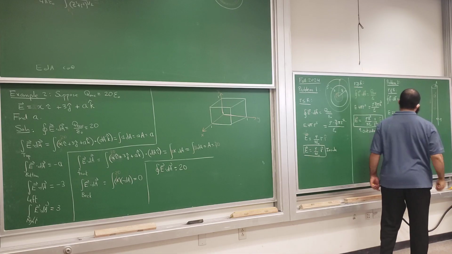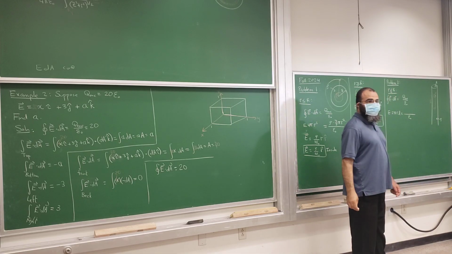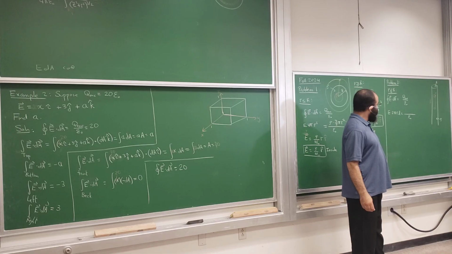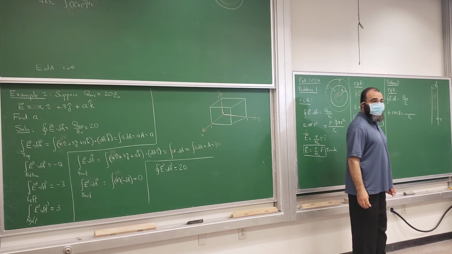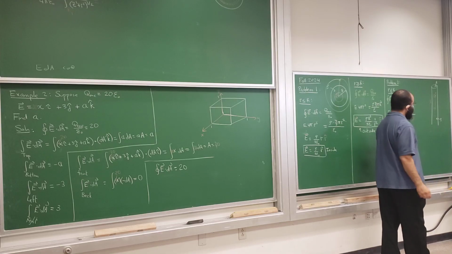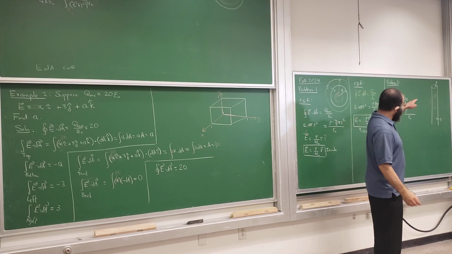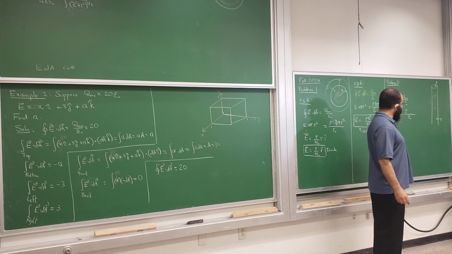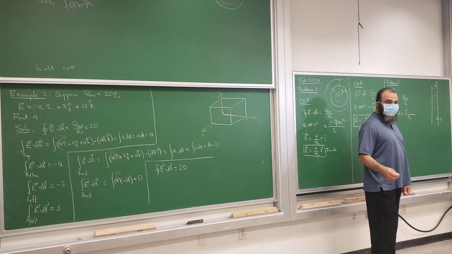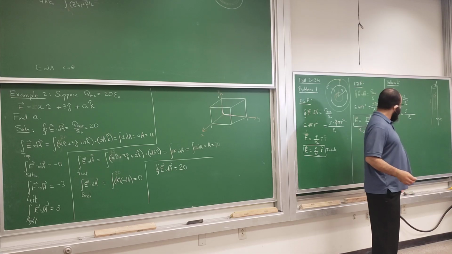Now we need to figure out the charge enclosed within our Gaussian surface. What's enclosed? It would be rho times the volume. What's the volume of a cylinder of radius r and height L? Should remember it. 2 pi r times r?